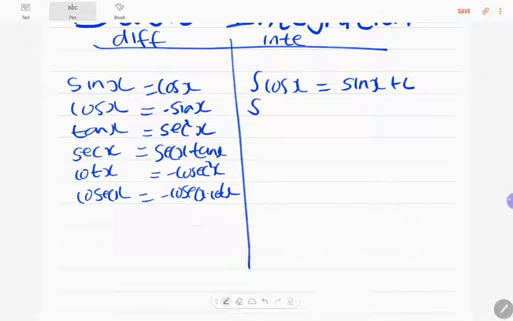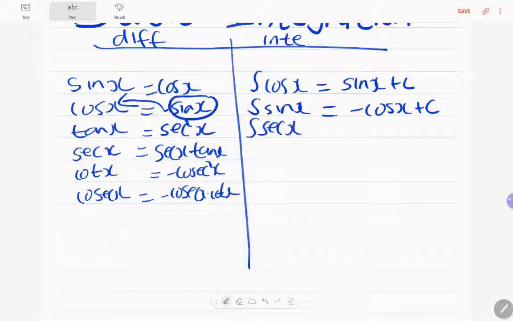An integral of sin x, because here there is a negative, this negative will come this side, it will be minus cos x plus c. Integral of sec squared x dx will be tan x plus c.